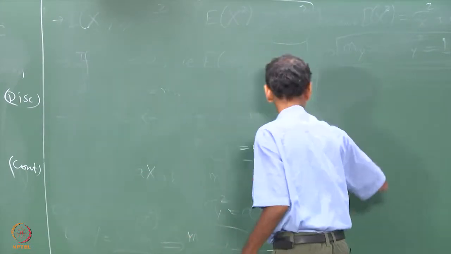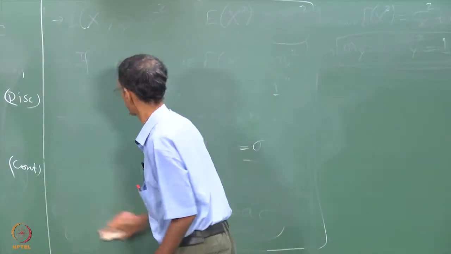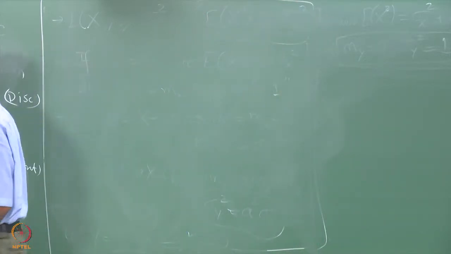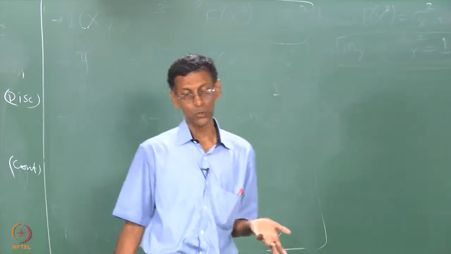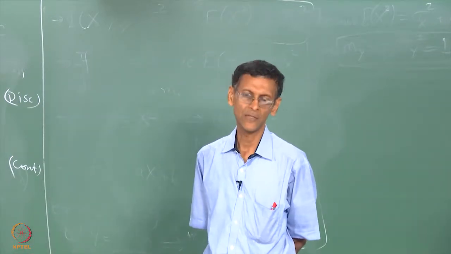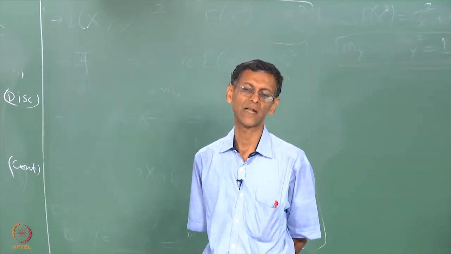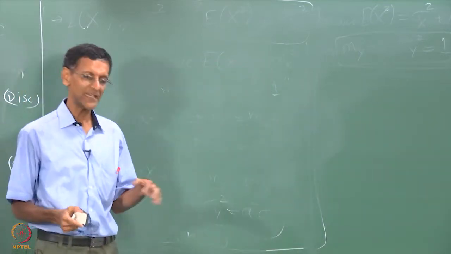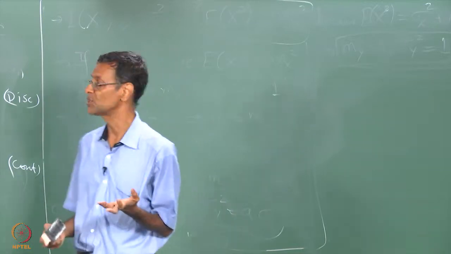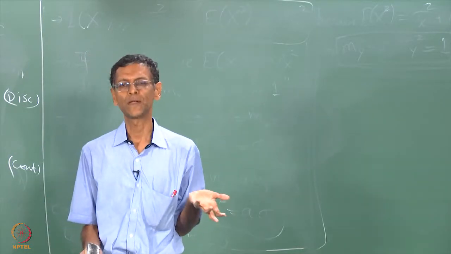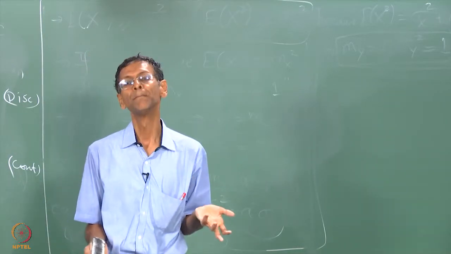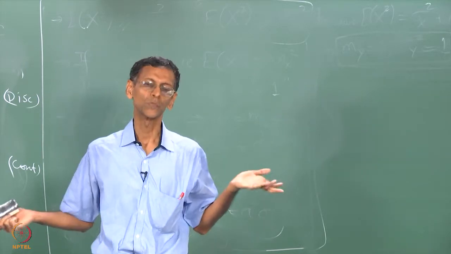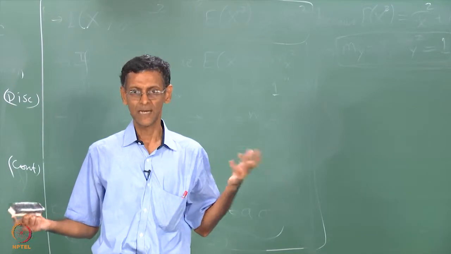So let us see now some properties of writing this average. Again the meaning of the expected value is identical to what we had in the single random variable case. It tries to model an average of this function g over many independent observations of the pair x, y. X and y can be the height and weight, for example, correlated, and you could model that as a continuous pair.